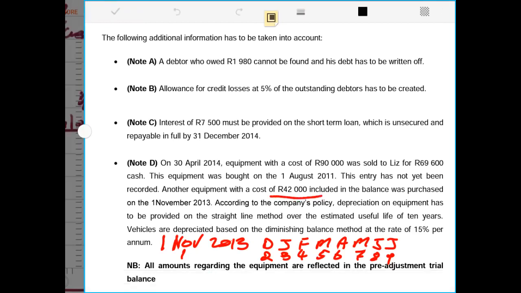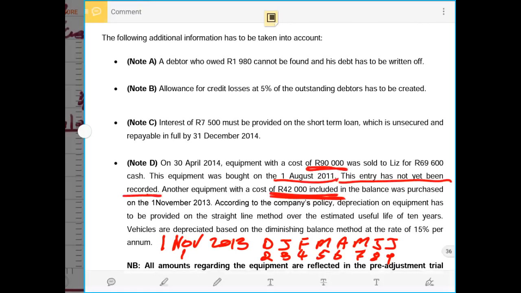This one is already there, because the disposal of this asset was not yet recorded in the books. All the cost of this equipment, which was bought on the 1st of August, is still in the amount in the trial balance.